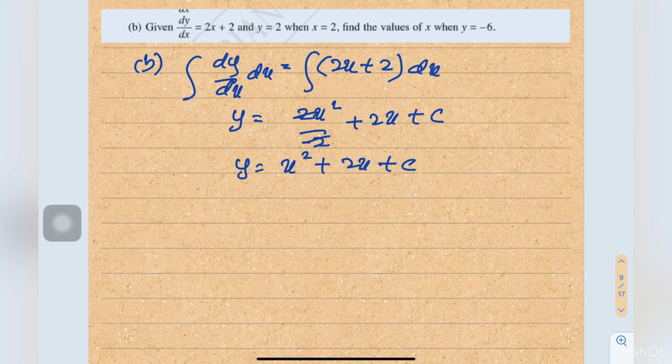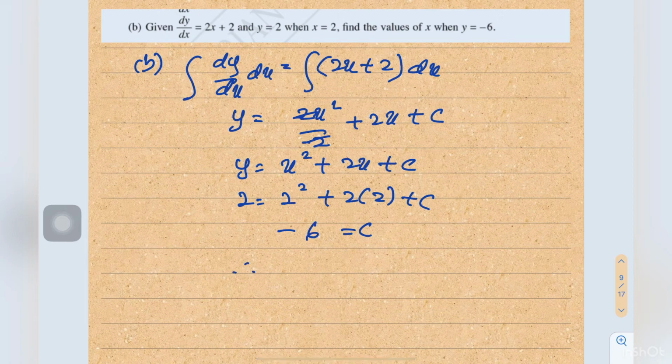Then we substitute. y is 2, x is 2. 2 equals 2 squared plus 2 times 2 plus c. So c equals 2 minus 8, so negative 6. Therefore y equals x squared plus 2x minus 6.